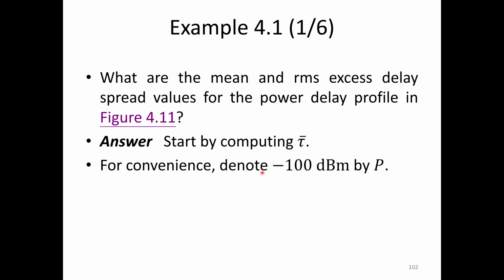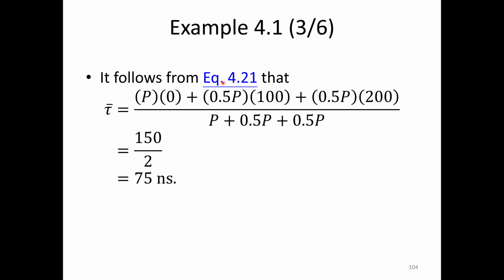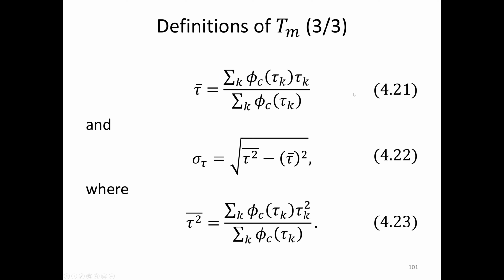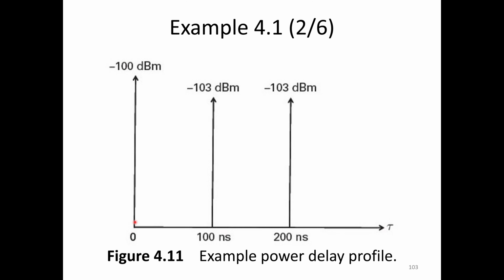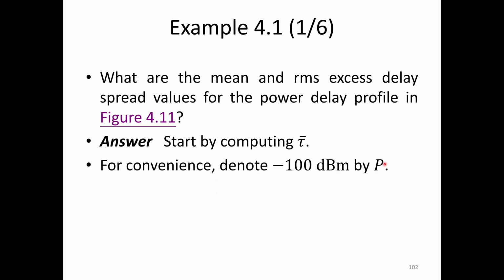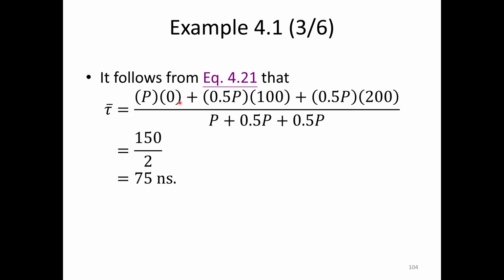Answer: start by computing tau bar. For convenience, denote negative 100 dBm by P. It follows from equation 4.21, where tau bar is equal to the summation of phi c of tau k times tau k, divided by the summation of phi c of tau k. For the first impulse, the power is P and tau k is equal to 0, so the first term is P times 0.